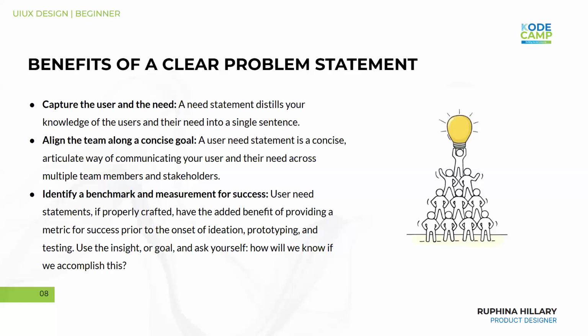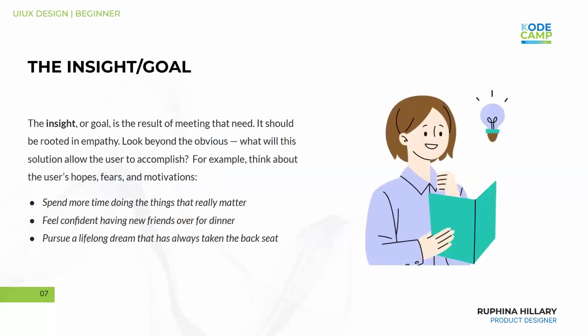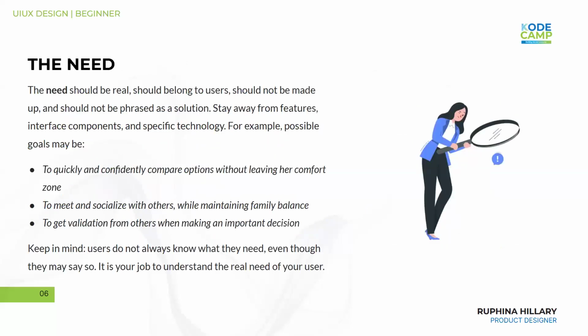So when we have our problem statement down, a problem statement that encompasses the user, the need, and the goal, now when we focus on the need, the first need here is to quickly and confidently compare options without leaving our comfort zone, to meet and socialize with others while maintaining family balance. So these are questions we can ask ourselves.